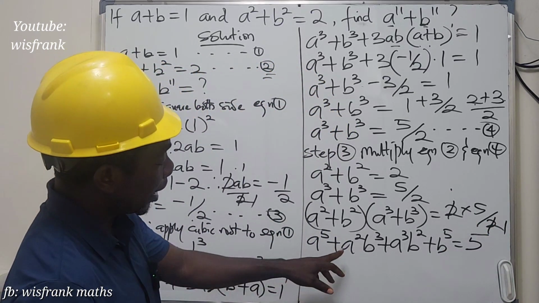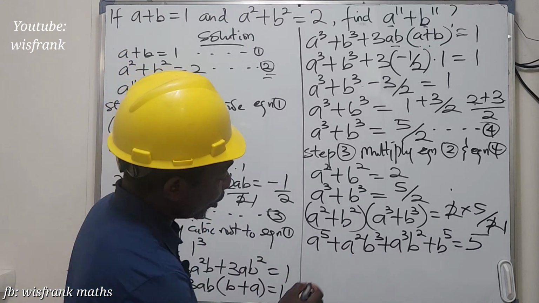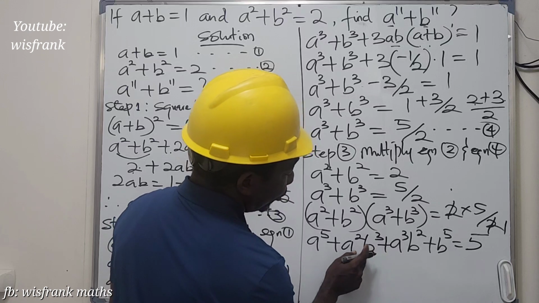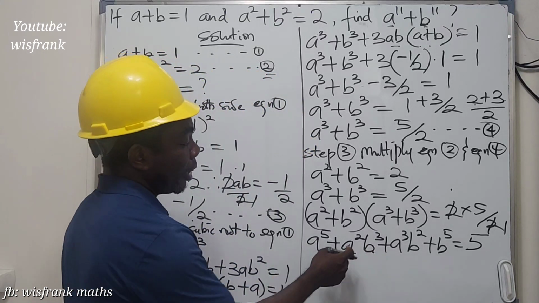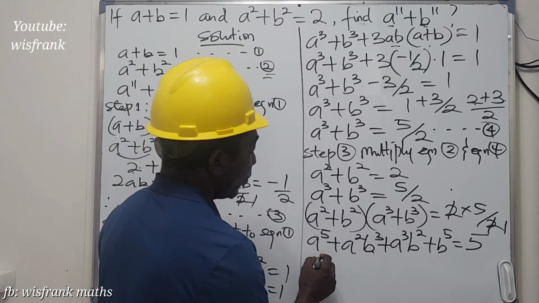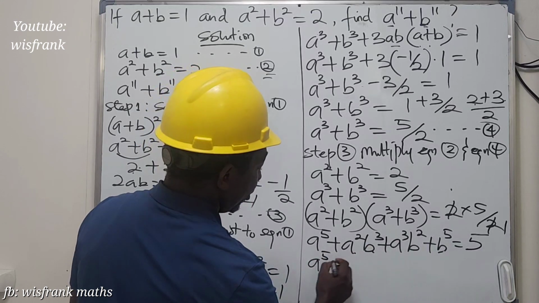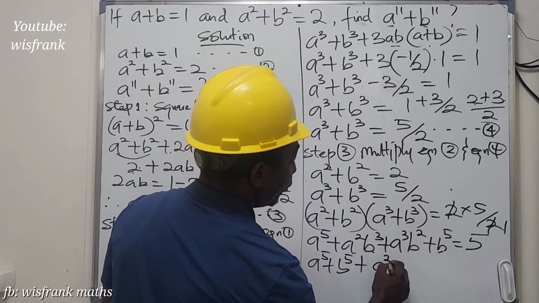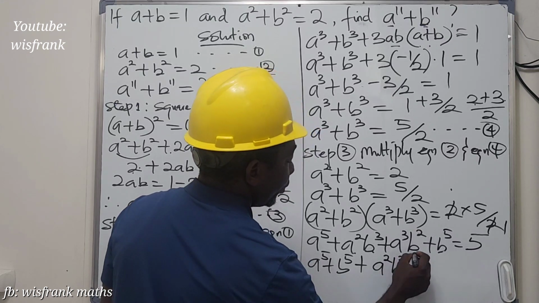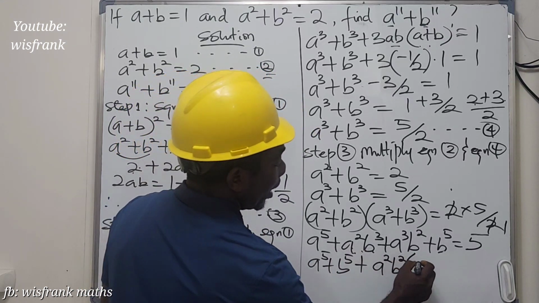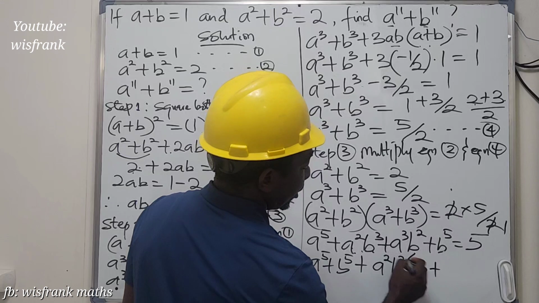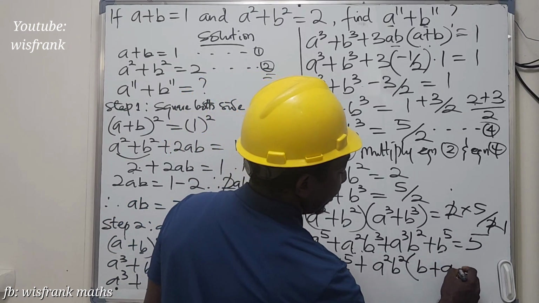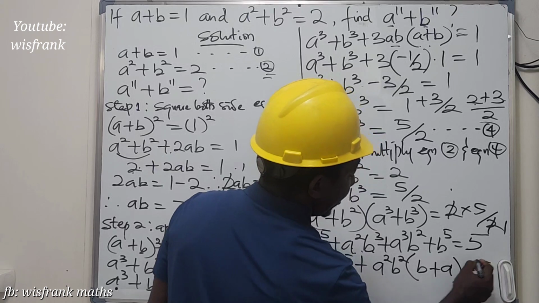In this case, we can factor this out because we have a to the power of 2 here and b to the power of 2. So a to the power of 2 and b to the power of 2 can be factored out. So we have a to the power of 5 plus b to the power of 5 plus a to the power of 2 b to the power of 2 into, when we divide, b plus, when we divide this by this, a, all equals 5.